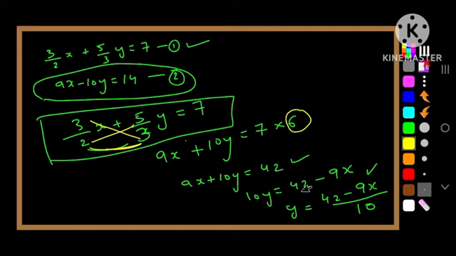So 10y is equal to 42 minus 9x. So again you take y is equal to (42 minus 9x), you take this 10 down, so you will get the equation for y.